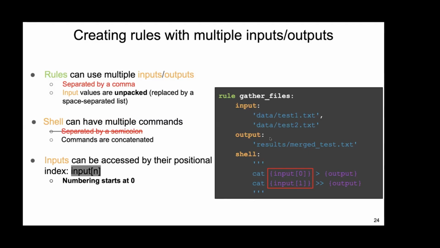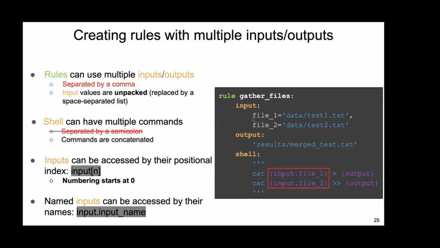However, what we personally recommend is the second option, which is using named inputs. So in this case, what you do is that you say, for instance, file1 is equal to the first file, comma, file2 is equal to the second file, and then you can refer to these files with the placeholder saying input dot and the name that you are referring. So either file1 or file2.